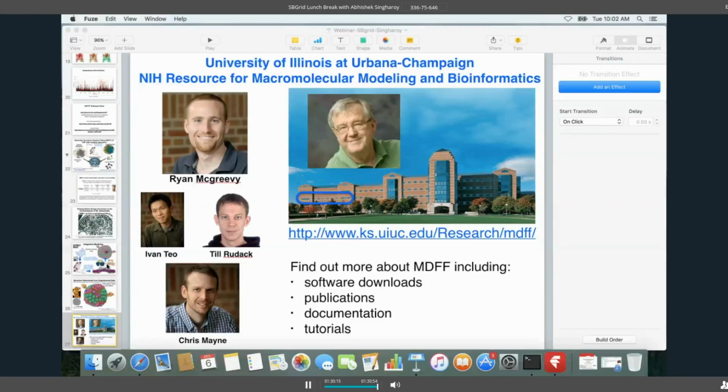But if you think of experimental data, it's coming in from different experimental groups, so it's very important to have this source of data coming in from different groups. Once you have that, you can use molecular dynamics as a platform to integrate all those kinds of data. That's what MDFF allows you to do.